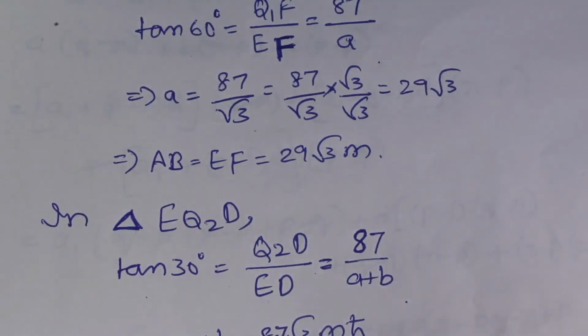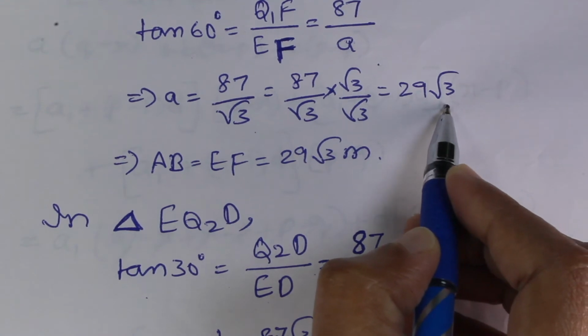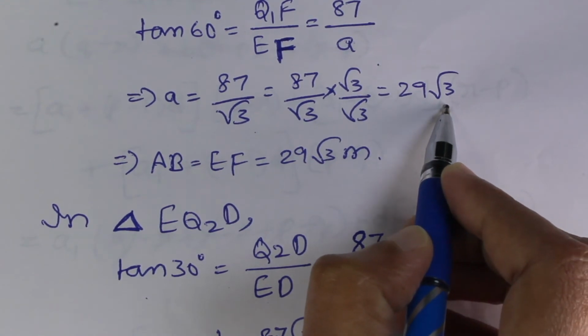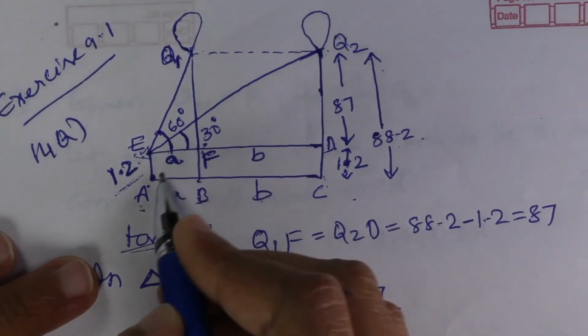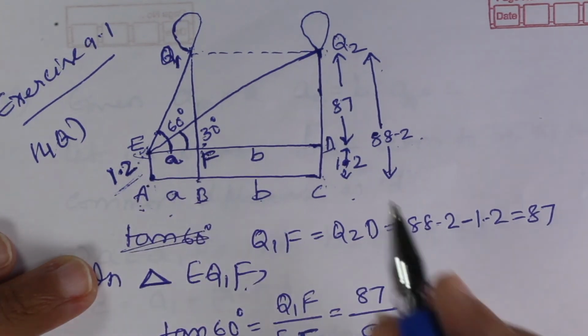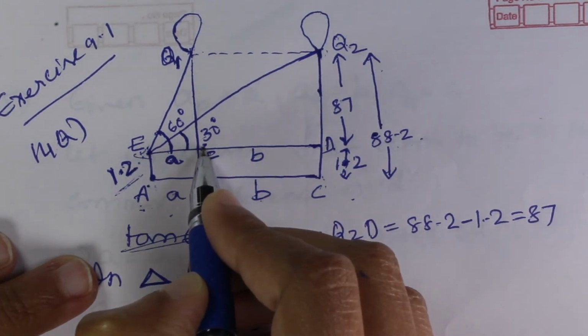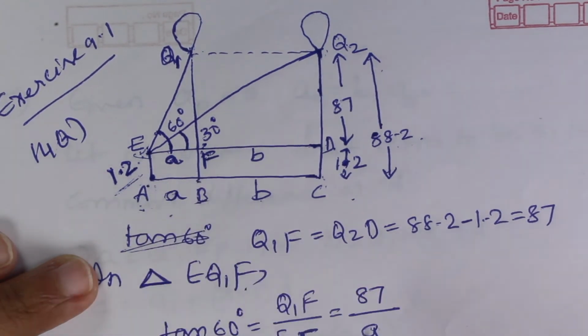So a becomes 87 divided by root 3, that is equal to 29 root 3 meters. So we got the length of AB, EF is equal to 29 root 3 meters. So I got the value of a as 29 root 3 meters.